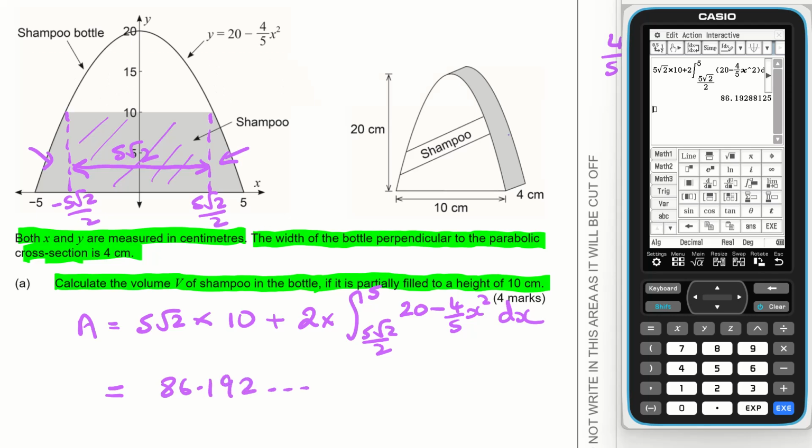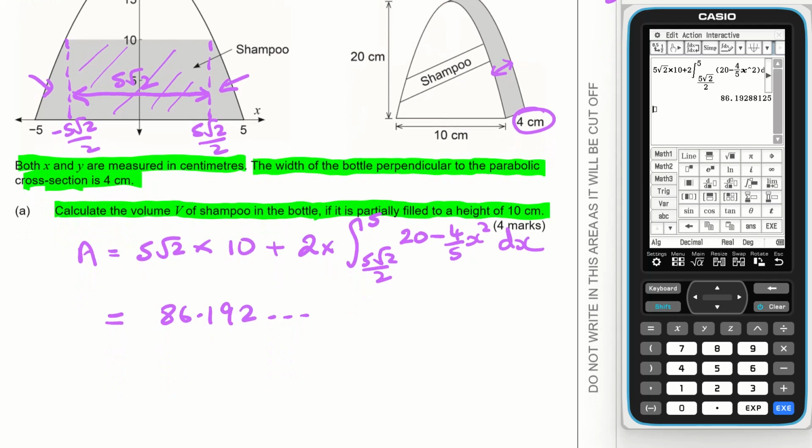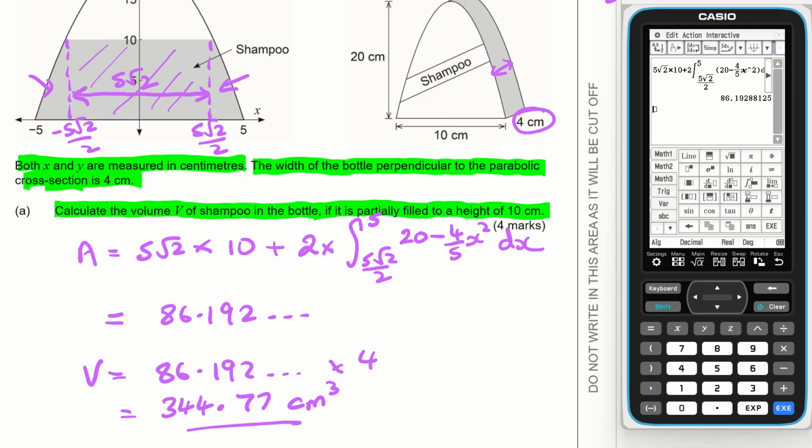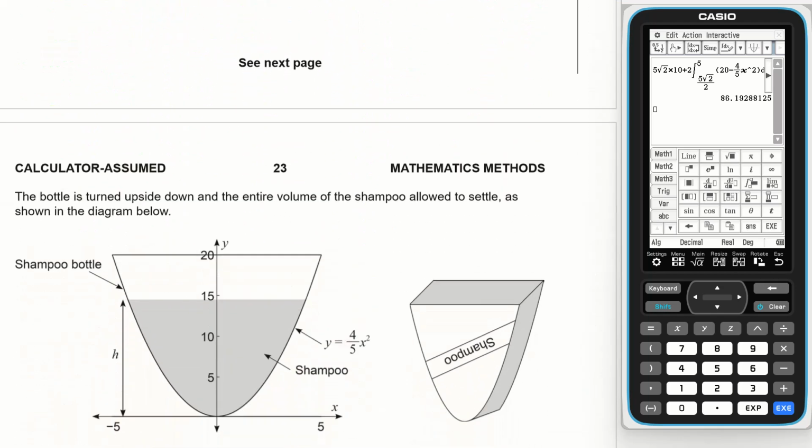And since we know the thickness here is 4 centimetres, that tells me that the volume is just that 86.192 dot times 4, giving me 344.77 cubic centimetres. Now, as we move into the next bit, remember that that grey shaded area there was this, because we're going to use that in the next part of the question.